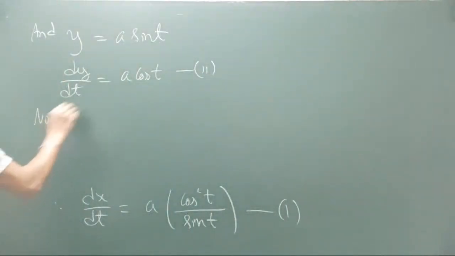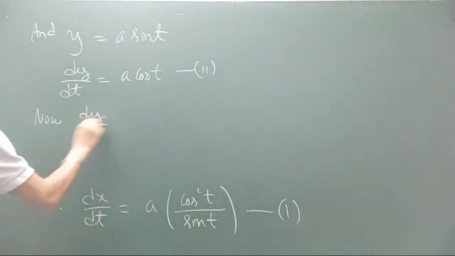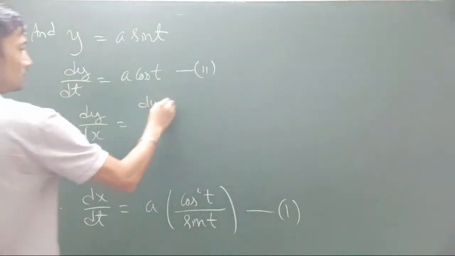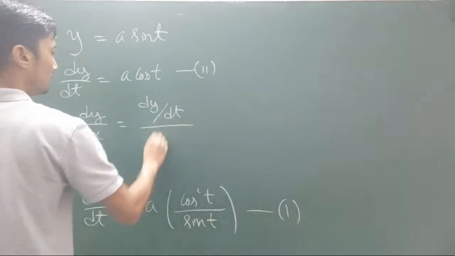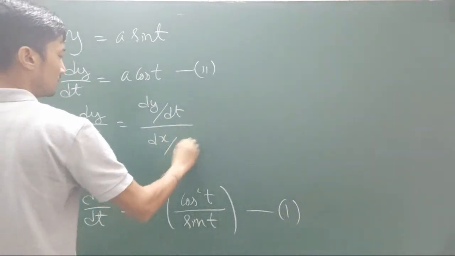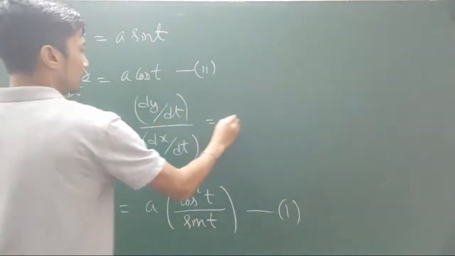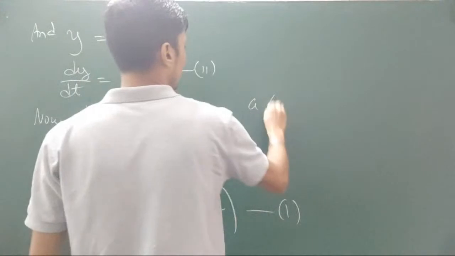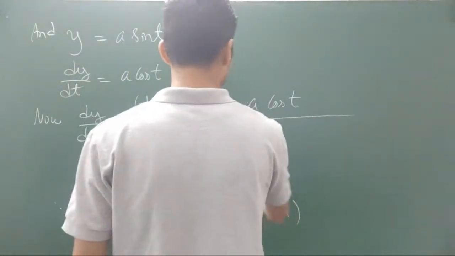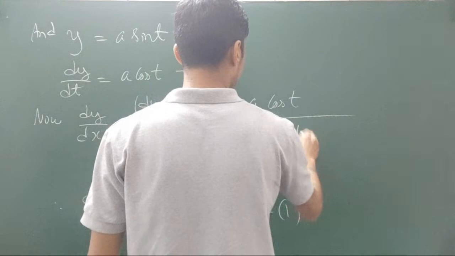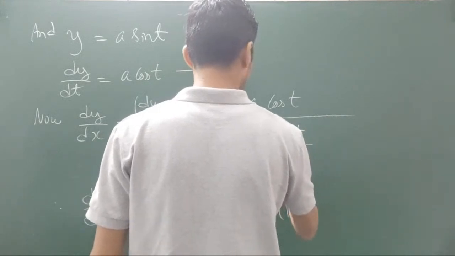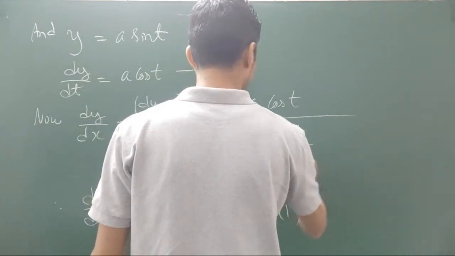So now dy by dx using equations 1 and 2, dy by dt divided by dx by dt. So dy by dt is a cos t upon a cos square t divided by sine t.